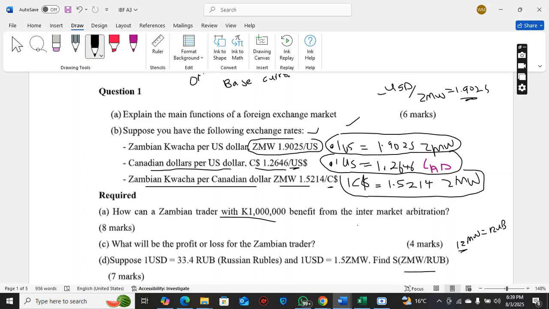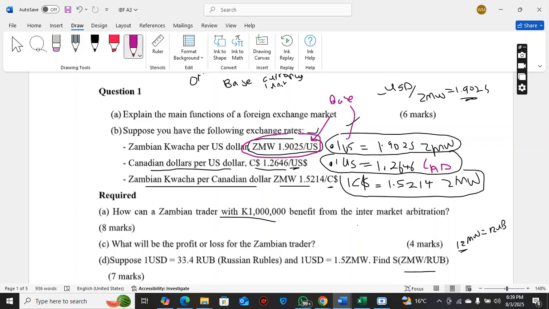Okay, that's the base currency. So here in this notation, we can see that the base currency is the US dollar because US is just by itself. The kwacha has got a figure attached to it. So there the US is the base currency.